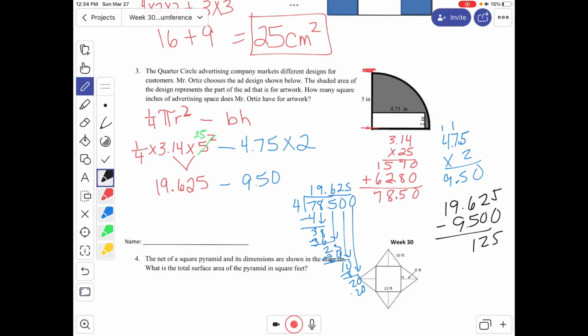Remember to line up your decimals. And we get 10.125.